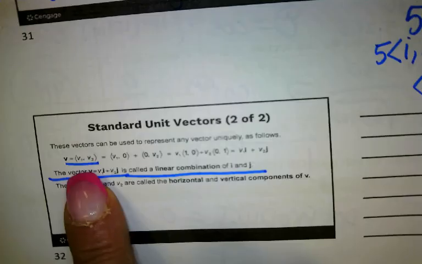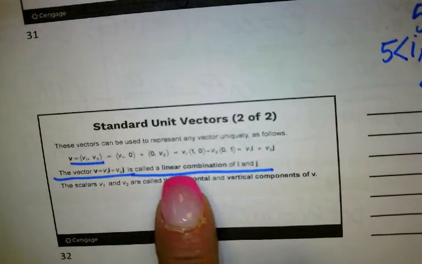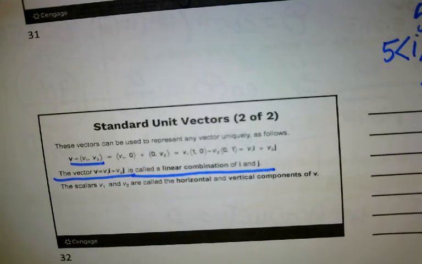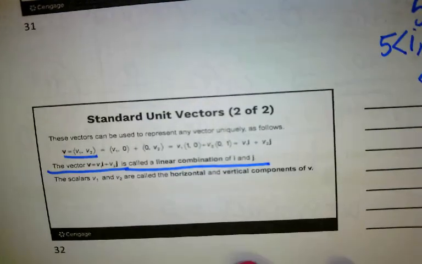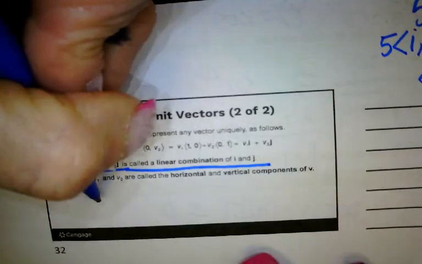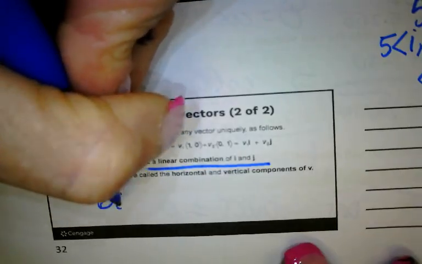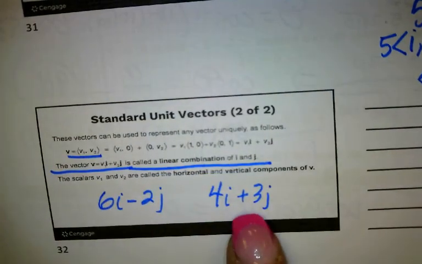A lot of times you'll see problems that say, find the dot product of these two vectors: 6i minus 2j and 4i plus 3j. And you're like, well, I'm confused. Don't be confused, just rewrite them in the normal component form.